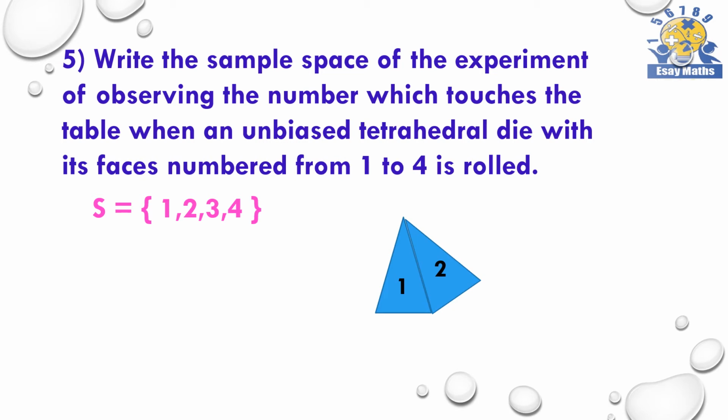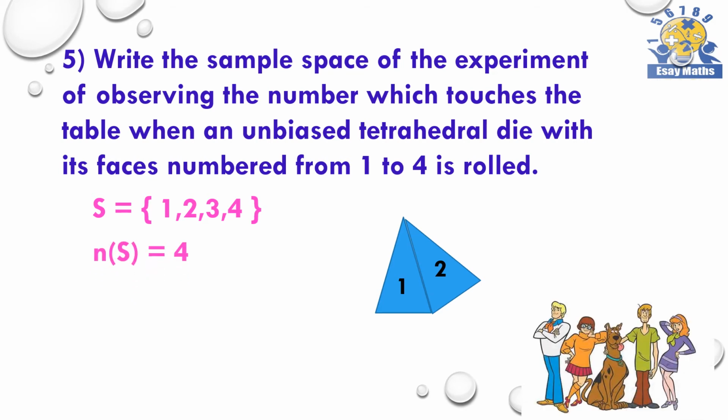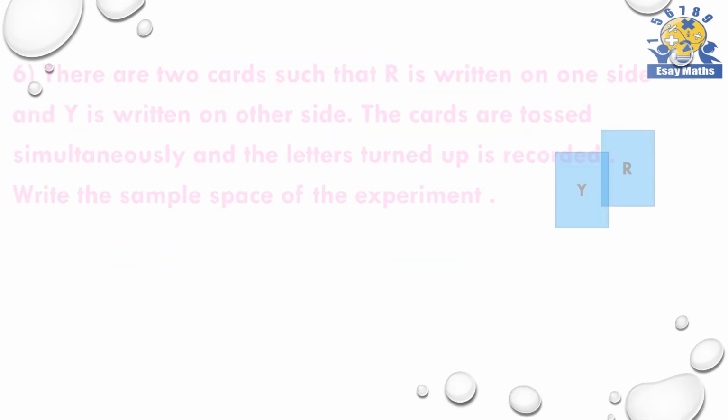The unbiased tetrahedral die is numbered from 1 to 4. So the possible outcomes are 1, 2, 3 and 4. So we can represent the sample space as a set with the elements 1, 2, 3 and 4. The number of elements in the sample space is 4.